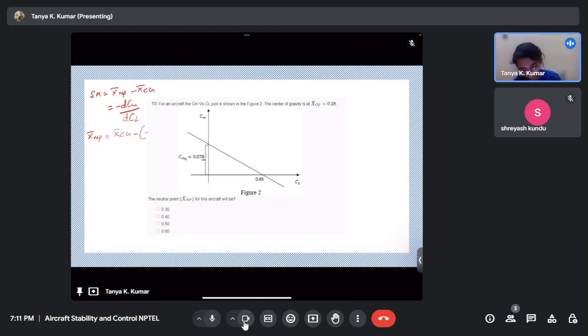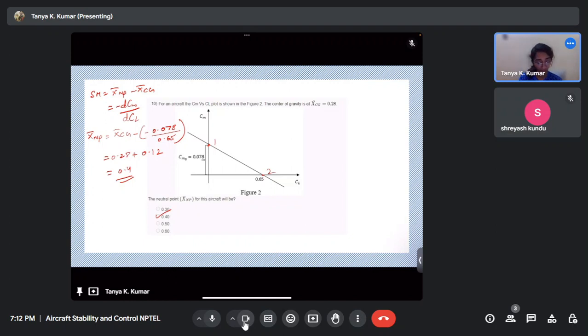So what is the slope in this case? 0.078 by 0.65, and you can just take 2 points, 0.1 and 0.2, and then find the slope. So here it is 0.28 plus this quantity, which comes to 0.12, and the final answer is 0.4. So the neutral point is 0.4.